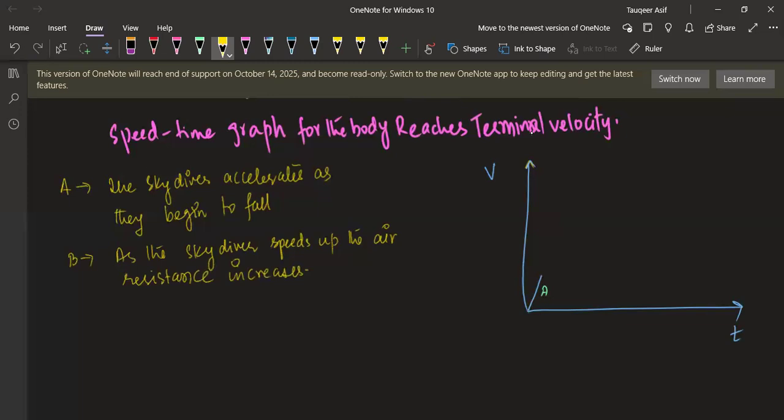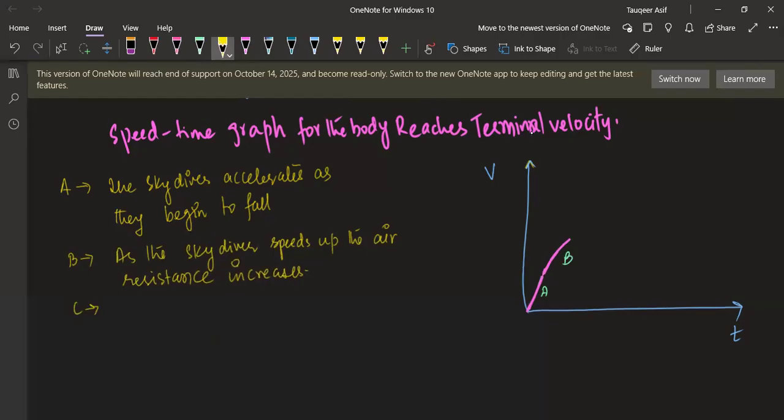So what do you think, is the speed going to decrease or is it going to become the same? The speed is going to become the same, right? Sorry, it is going to decrease, okay? So it's going to decrease, right? So here this is going to be B.